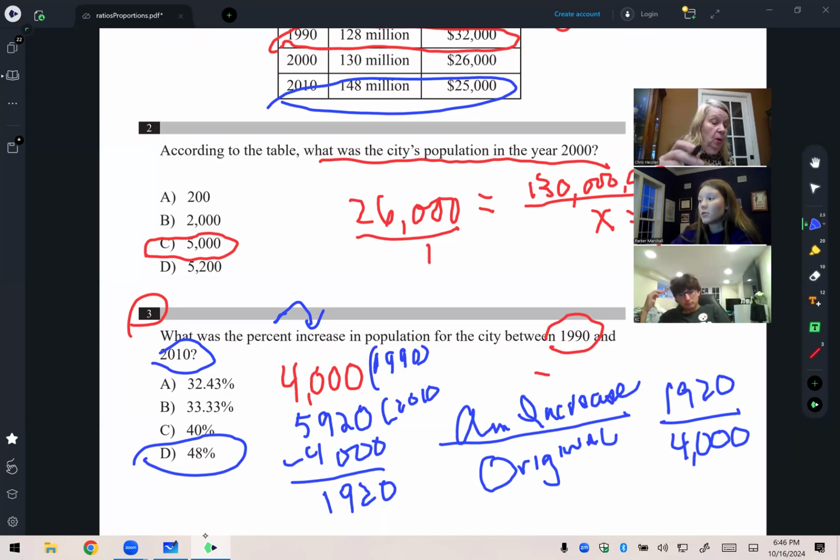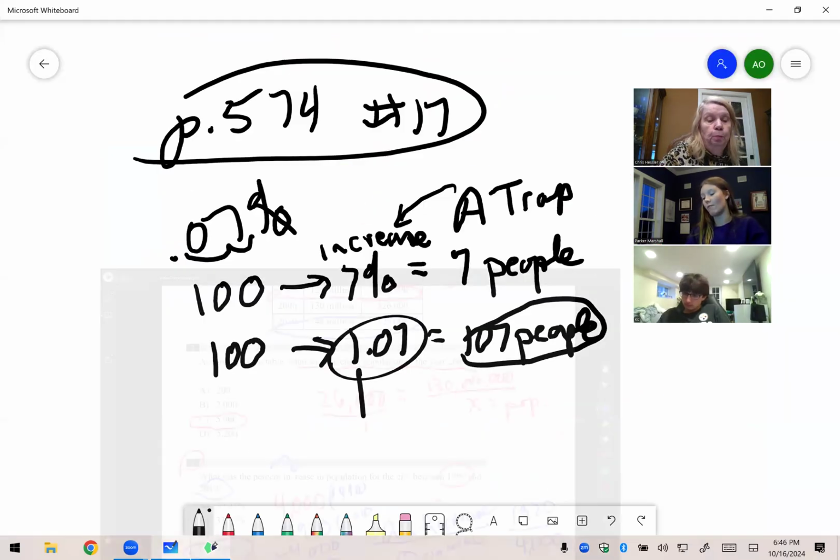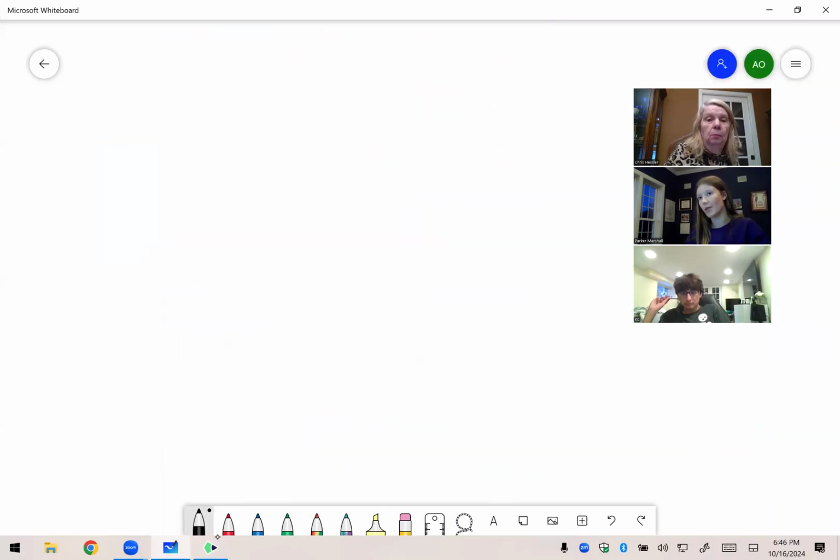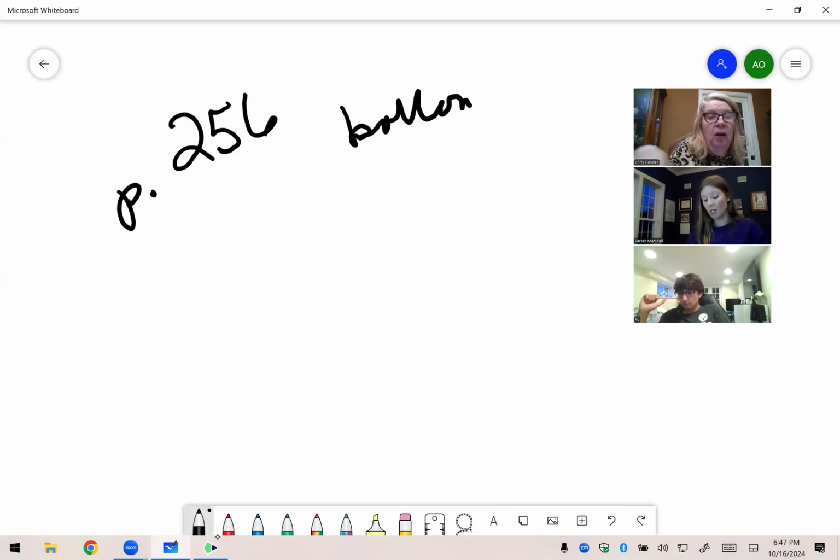Okay, we're going to try a book one. So we're going to go to 256 at the bottom. It's an example in a grey area.